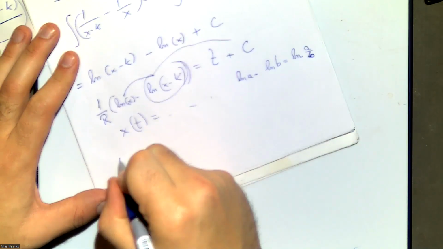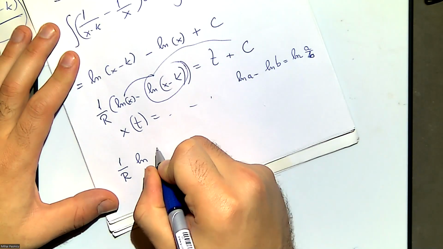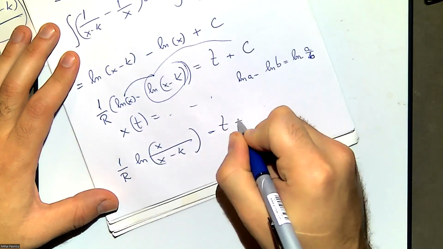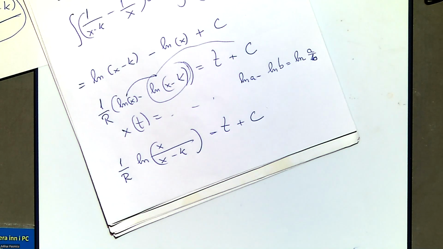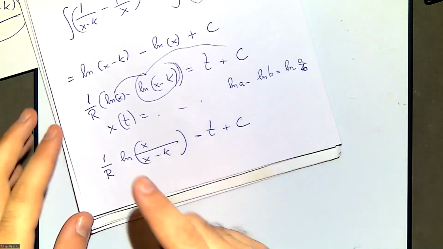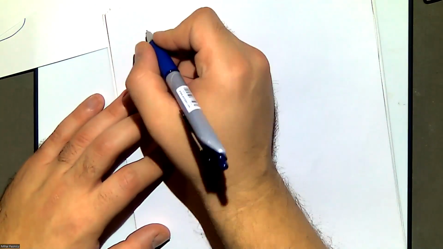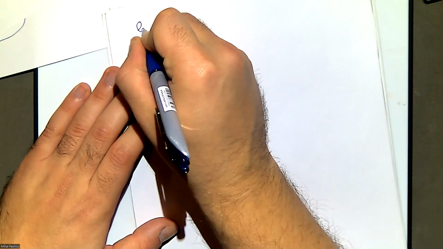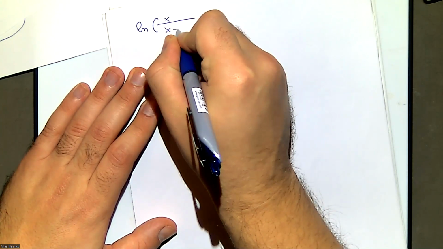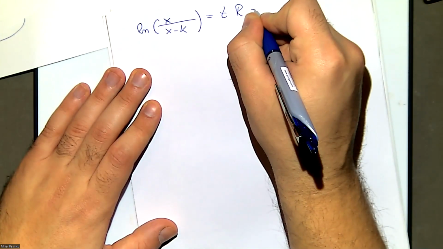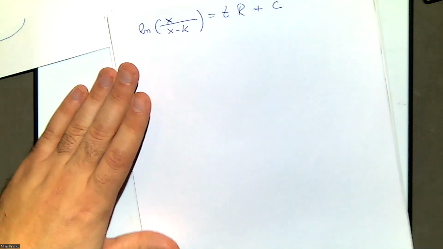And I'm going to get 1 over r, ln of x minus k is equal to t plus a constant. Now I'll move the r to the other side, and I'm going to get ln of x minus k is equal to t r plus just a constant.